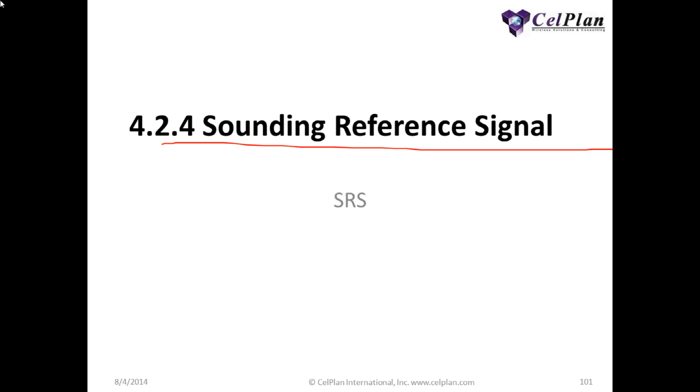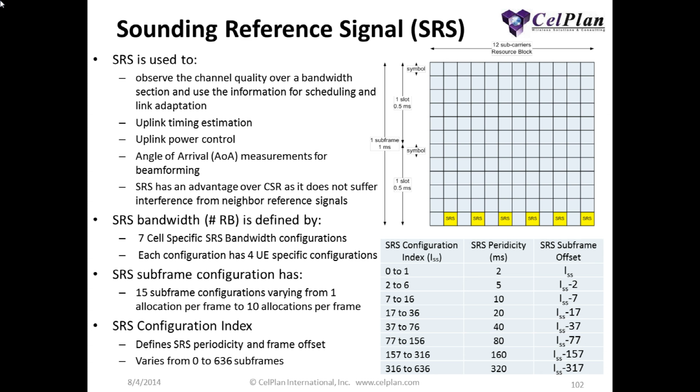Let's speak a little bit about sounding reference signals. What happens is that in the uplink, the transmission is a set of contiguous resource blocks. And they need to be contiguous because of the SC-OFDMA. But they can be allocated anywhere along the frame.